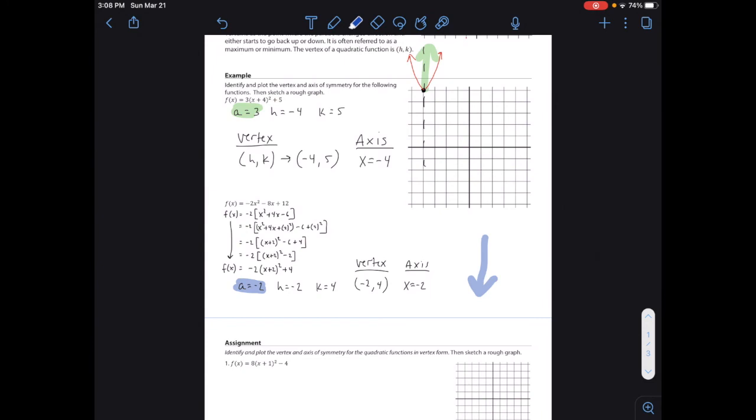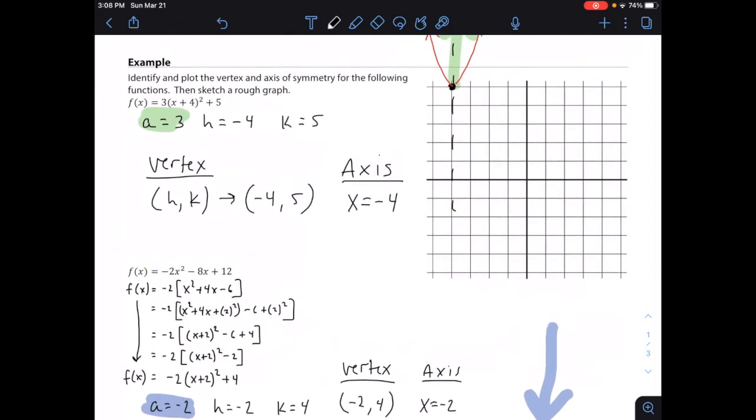If we quickly graph this, we have negative 2, 4 as our vertex. That's a terrible looking point. I need to do that again. Negative 2, 4 is our vertex. That's better. The axis of symmetry is just negative 2, so I'm going to dash that in like I have here.